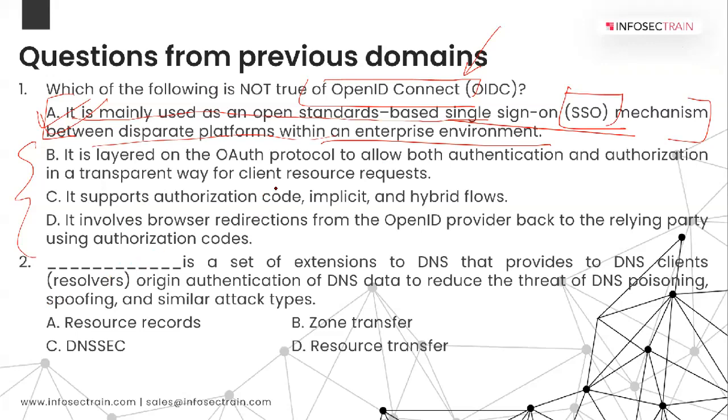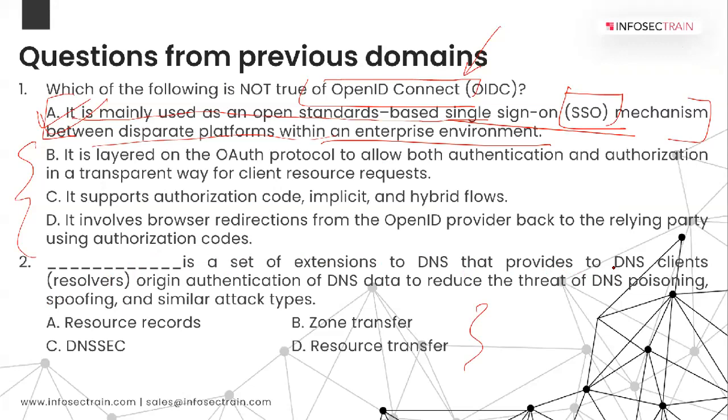Moving on to the second question. One of the options stated here is a set of extensions to DNS that provides DNS clients with origin authentication of DNS data to reduce the threat of DNS poisoning, spoofing, and similar attack types.